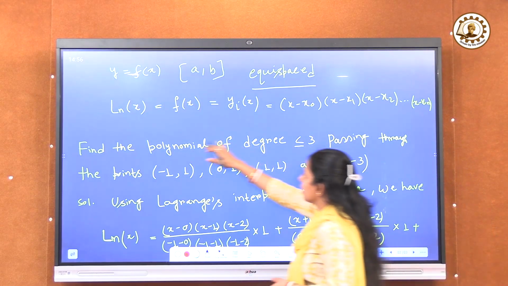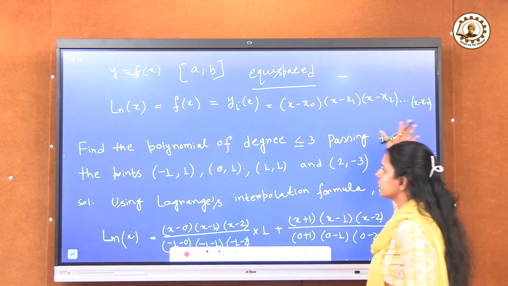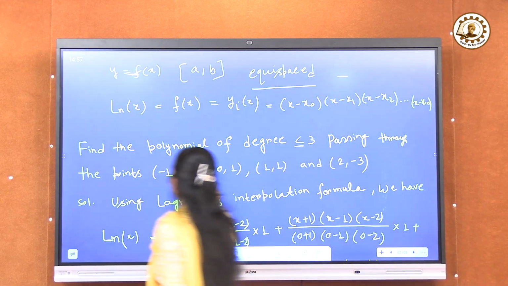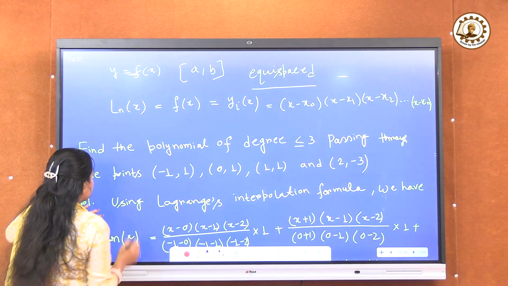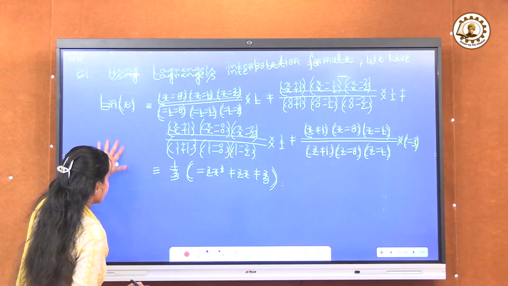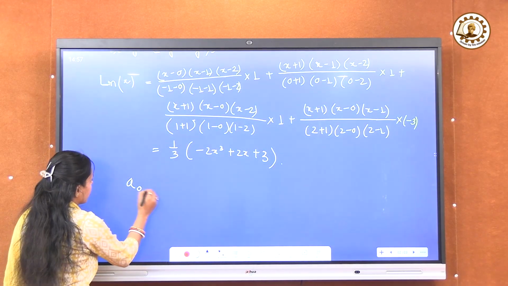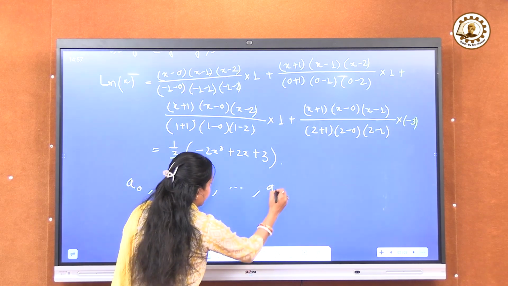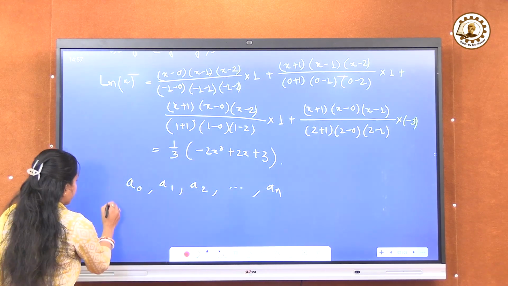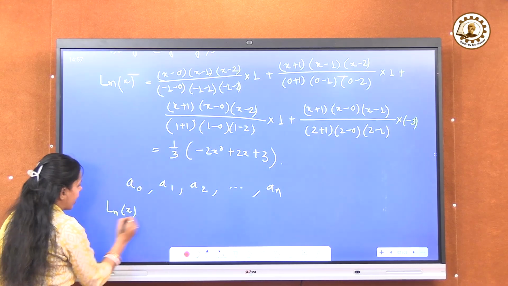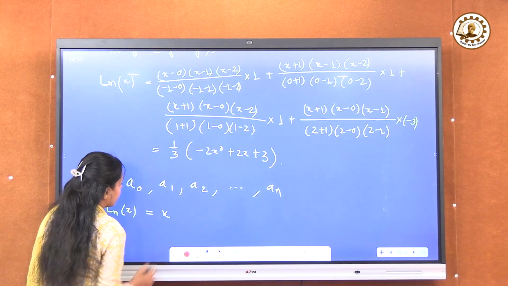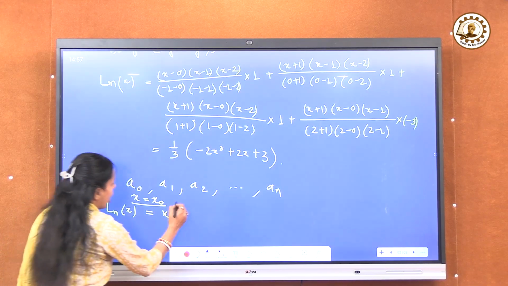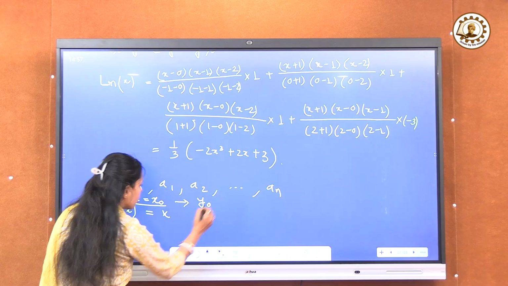So here Ln(x) is the Lagrange's interpolation, and here there are some constants. What are the constants? The constants are a0, a1, a2 up to an. Here, at first we take x equal to x0, so our polynomial is y0.